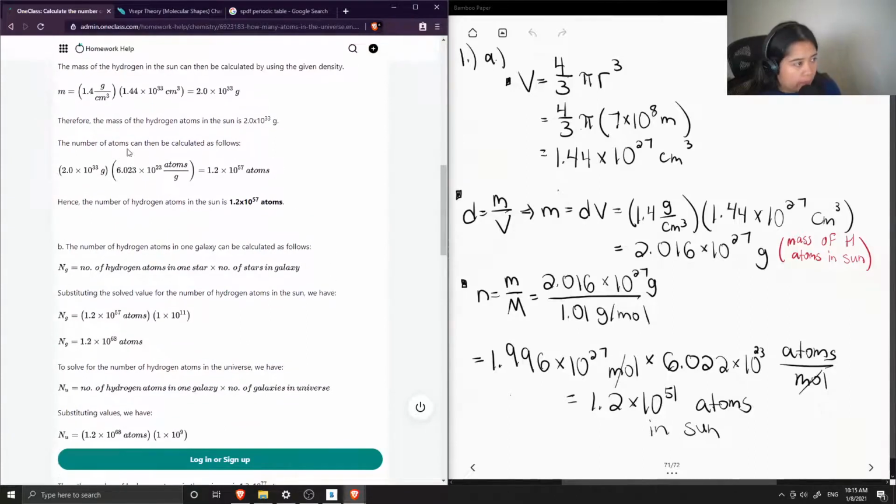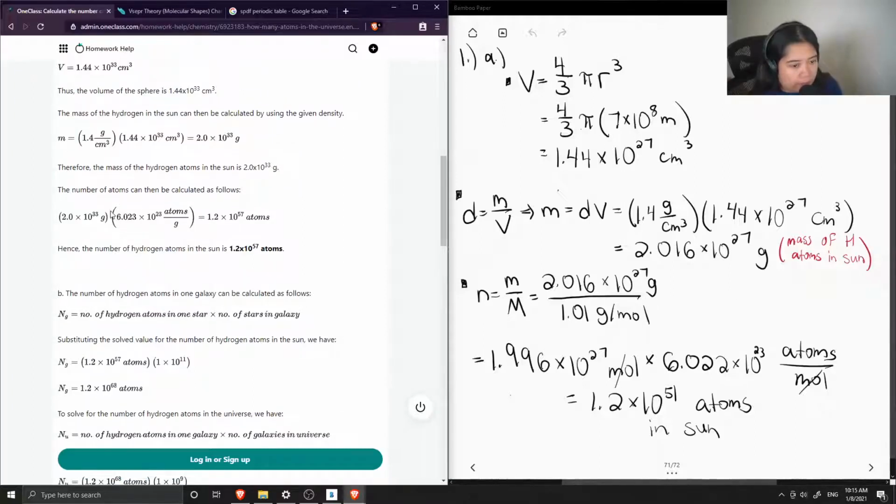So the 6.23. The units for Avogadro's number is not atoms per gram, it is atoms per mole. So they're just missing the step of when we need to calculate for number of moles. So again, number of moles is equal to mass over molar mass. So they're just missing that one step.